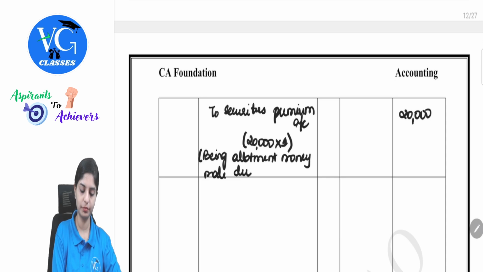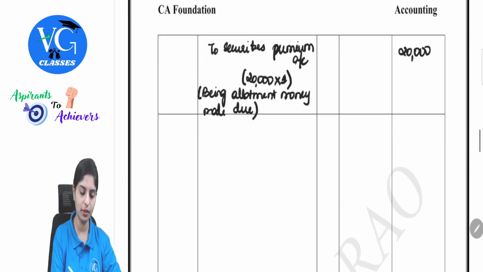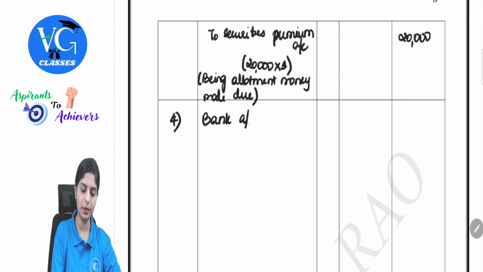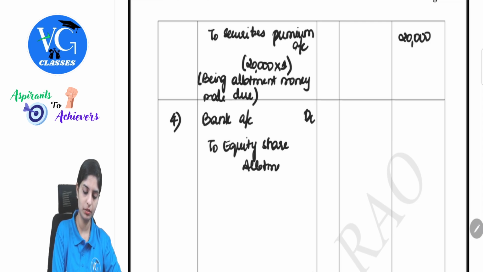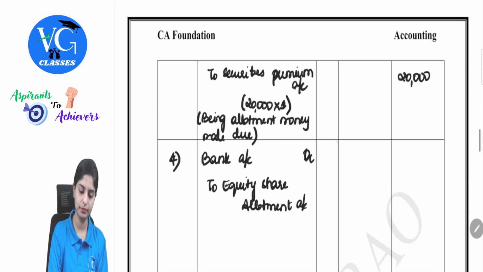So first we made it due, then we will receive the allotment money including premium, bank account debit to equity share allotment account. How much was due? 80,000.